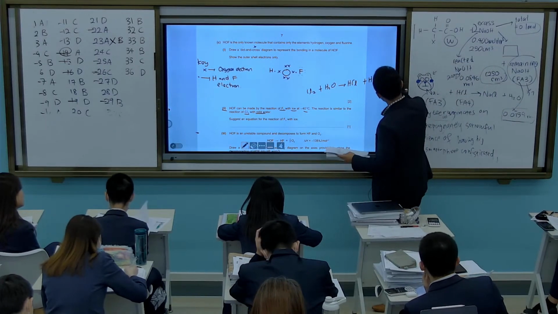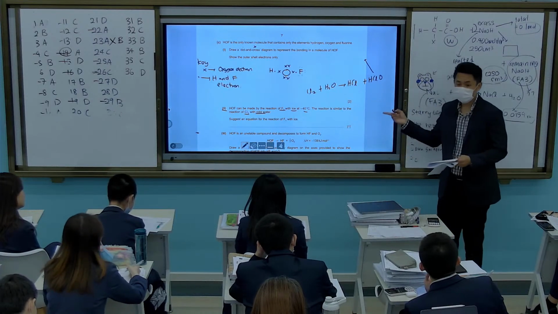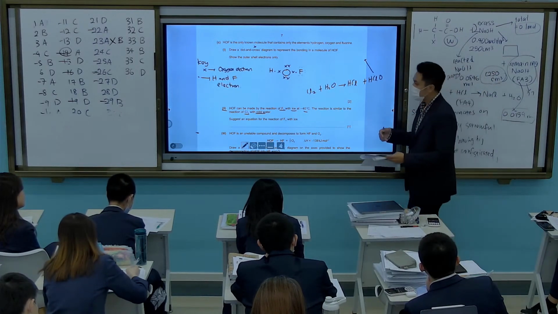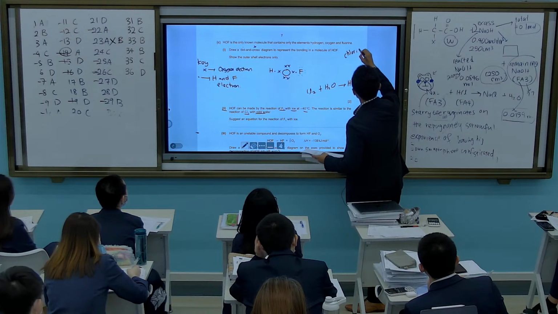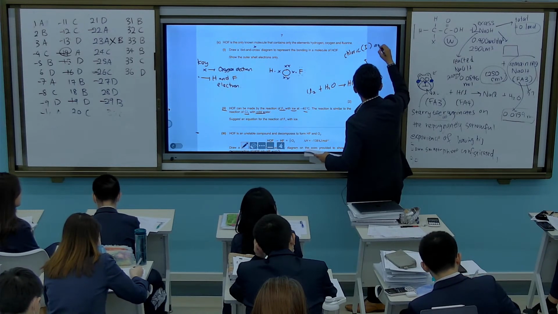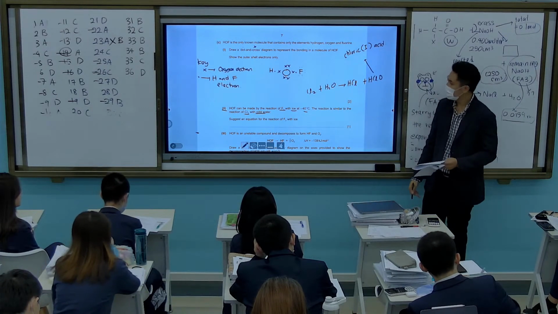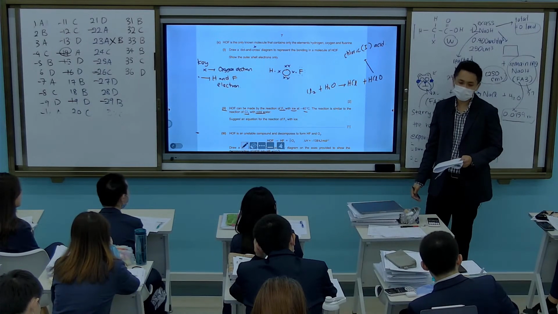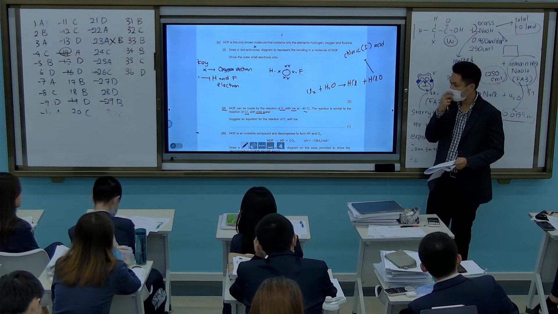Do you know what is the name of this compound? The name of this compound here is chloric(I) acid. I think some of you might have forgotten already. This is one of the reactions inside group 17.